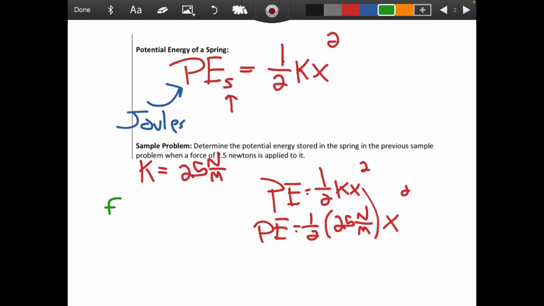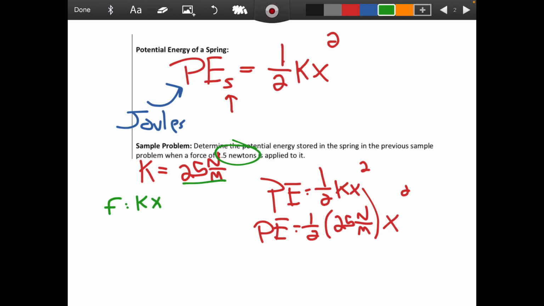So we do have the relationship of Hooke's law, but we're given that a force of 2.5 newtons is applied to this spring. So since I know the spring constant, I can figure out how far this spring is going to compress or elongate based on the spring constant.